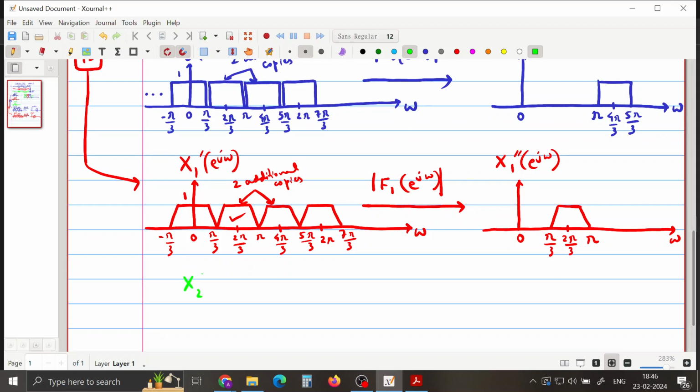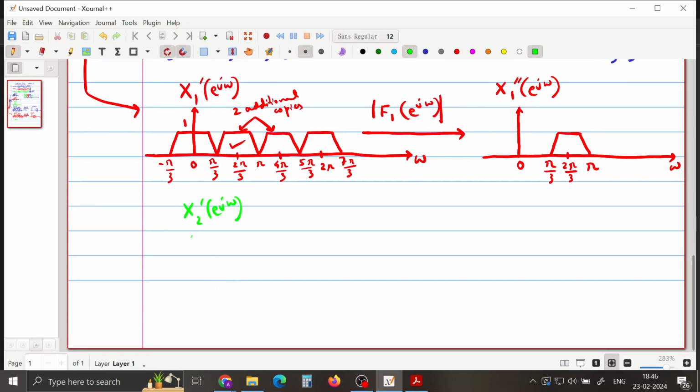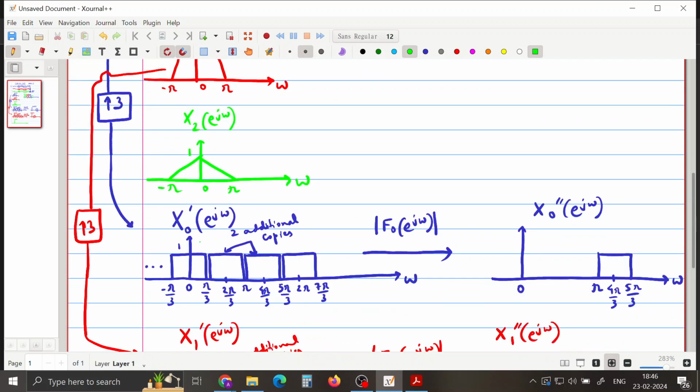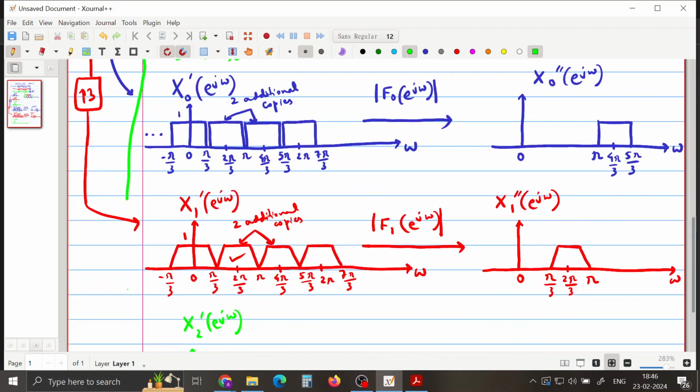So x2 prime of e power j omega, that would look like, so again this x2 of e power j omega is present. So you take this signal and upsample that. Take this signal, upsample that by a factor of 3.